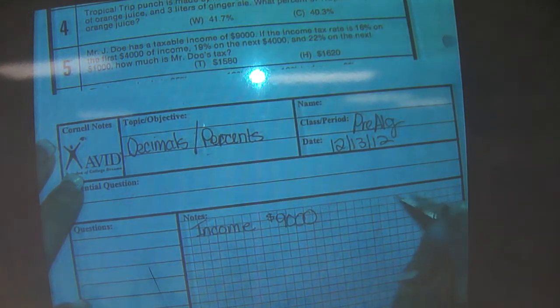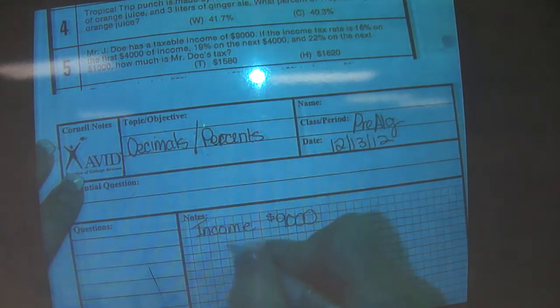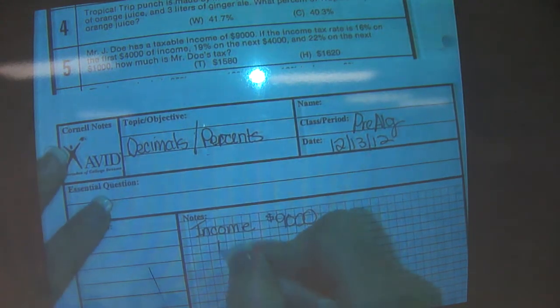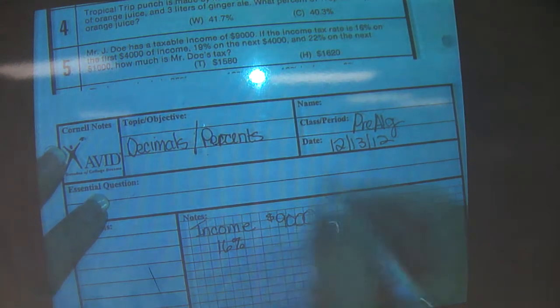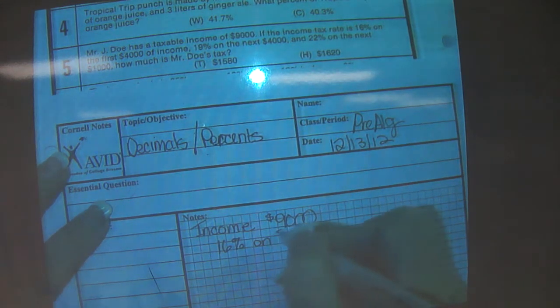The income tax rate is 16% on the first $4,000. So what are we going to have to calculate on 4,000? We're going to have to calculate 16%, because tax means you got to pay. So 16% on 4,000.